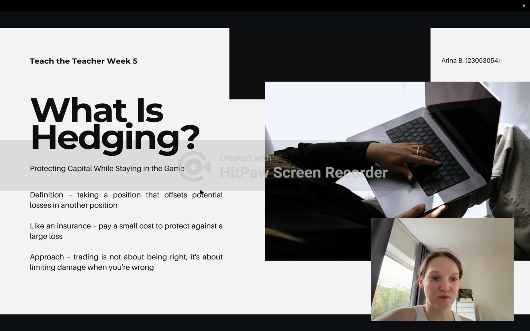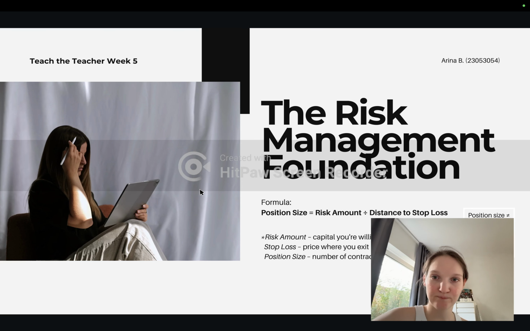And just comparing the mature and immature points of view on trading, the mature would be trying to limit damage when the person made a mistake and to admit the mistakes on time. And the immature would be trying to prove to yourself or somebody else that you are always right, which is not possible.